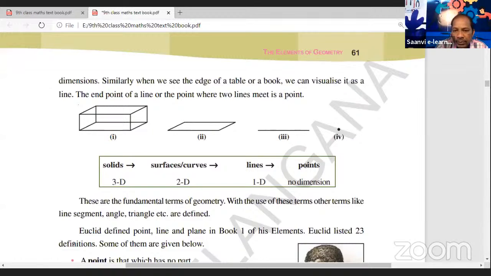If we remove that also, it becomes a point. So the cuboid is the 3D figure, the rectangle is the 2D figure, the line segment is the 1-dimensional figure, and a point has no dimension.